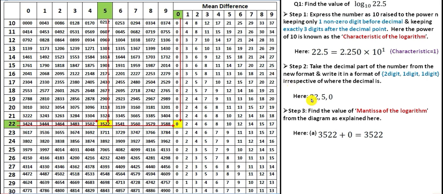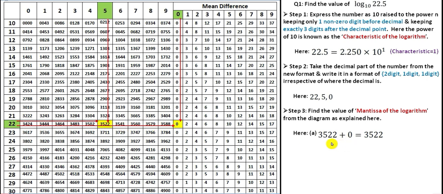Obviously it is a 1 digit number, because you are writing it as 2 digit, 1 digit and 1 digit, and since it is a 1 digit number, all these 1 digit numbers are available here from 0 to 9. So find the 5 here. Now check what number corresponds to this 5 and this 22. So I am getting the number here as 3522. You can see here the number is 3522.